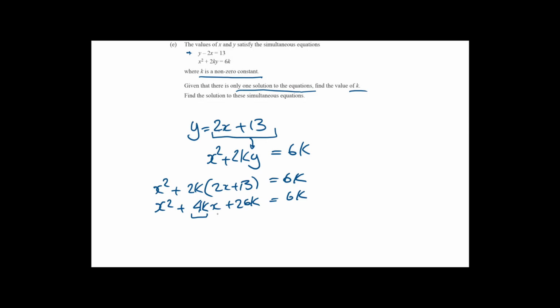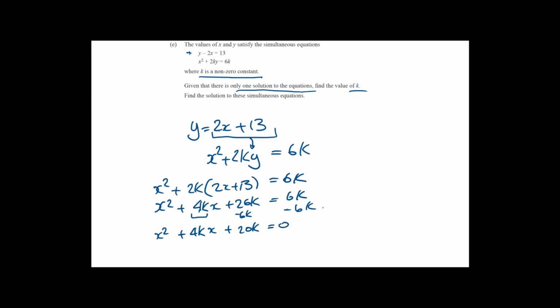So let's take 6k away from both sides. So x squared plus 4kx plus 20k equals 0.